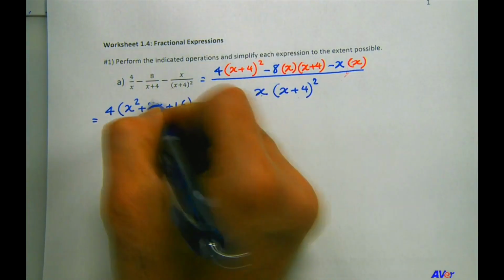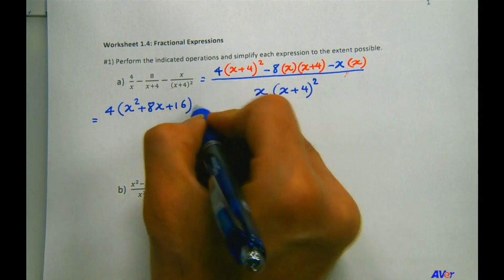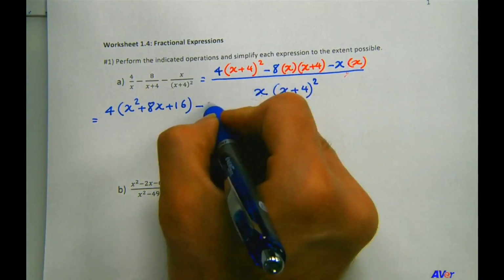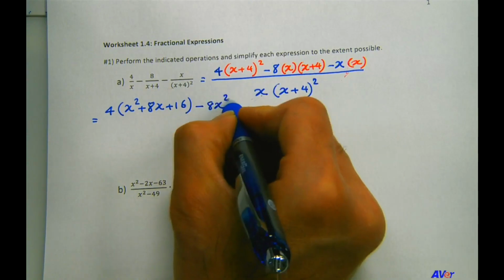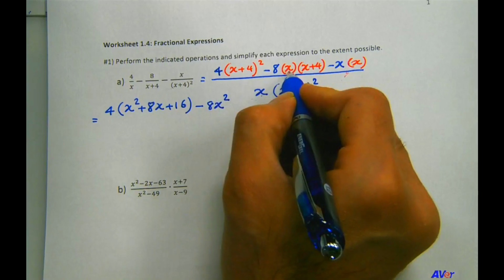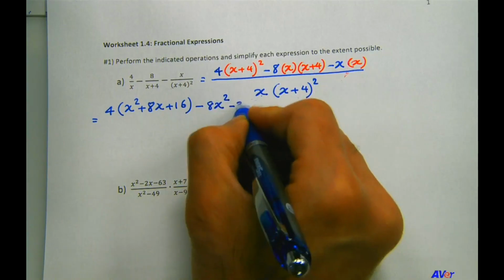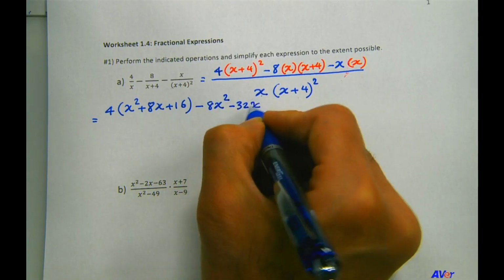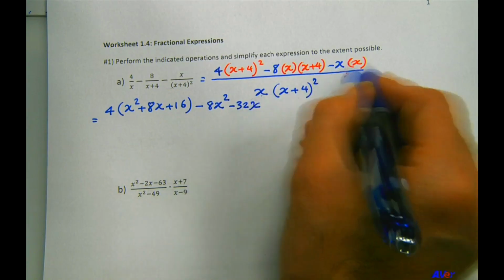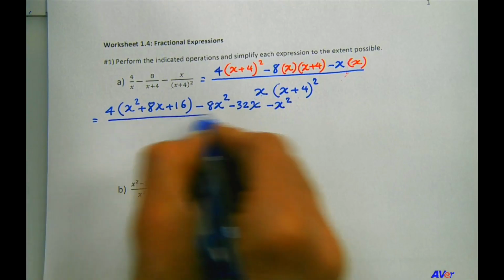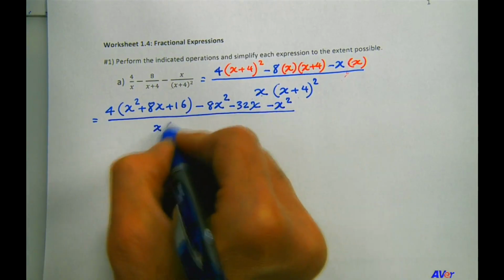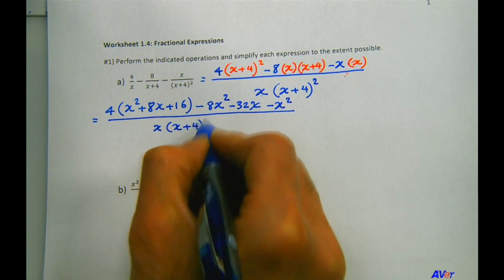Then minus 8x times x would be minus 8x squared, minus 8x times 4 is minus 32x, minus x squared, divided by x times (x plus 4) squared.